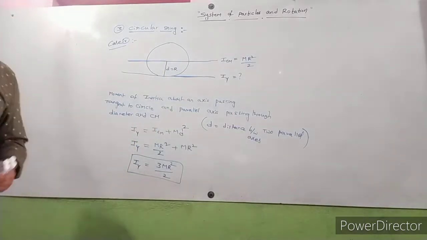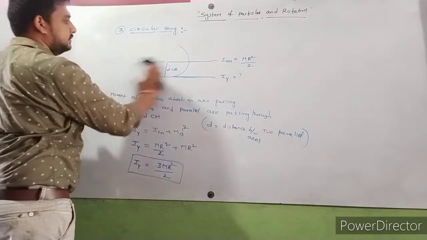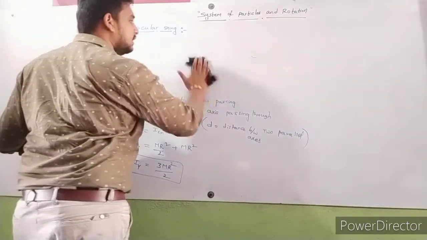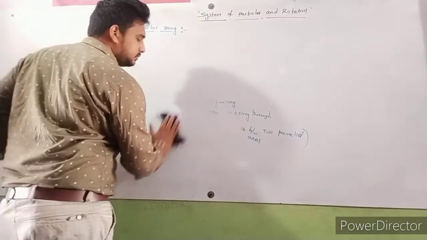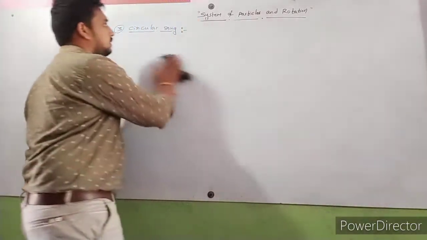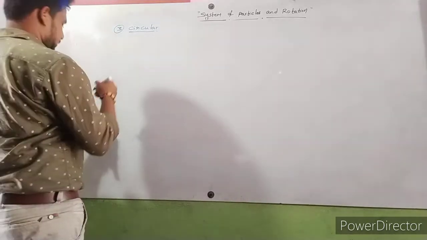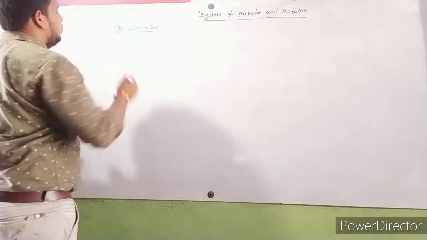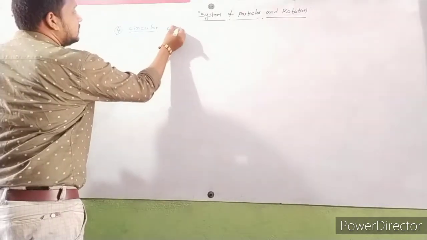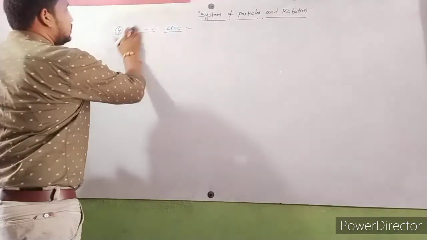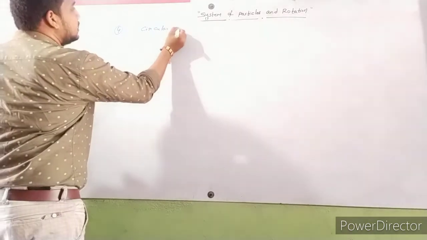Next, circular disc. The circular ring is over, and now we consider the circular disc.